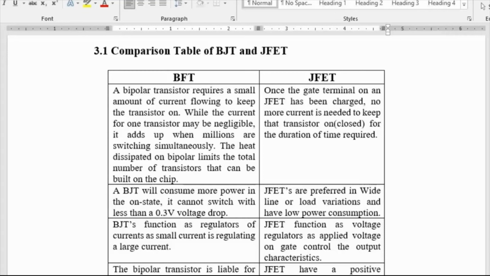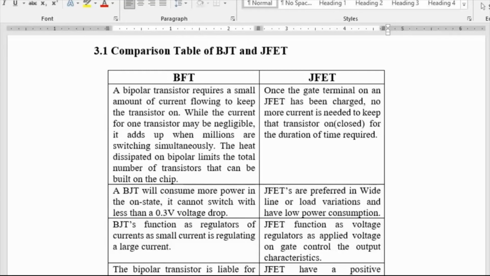The heat dissipated on bipolar limits the total number of transistors that can be built on the chip. A BJT will consume more power in the on state. It cannot switch with less than a 0.3 volt voltage drop.